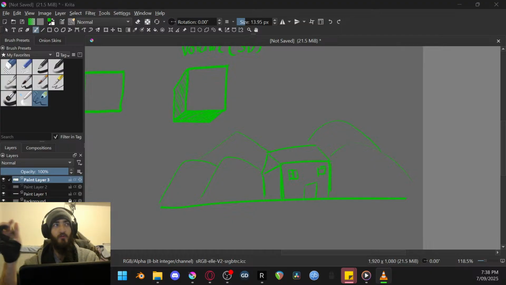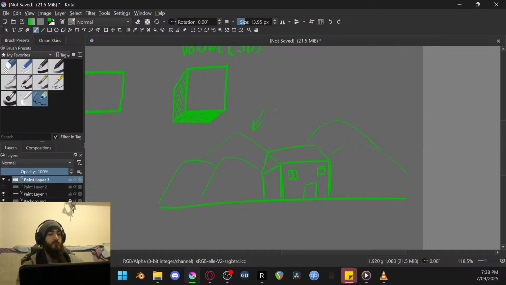But if I were to say this wall behind me was really far away, it would look 2D instead of 3D because it'll be harder to look around to make it look 3D with this volume. So that's generally why it looks different. Because if these mountains are really far away from the house, then they look 2D because we can't actually get the 3D aspect off of them because they are so far away. But this house is closer to us, so we can make it 3D.